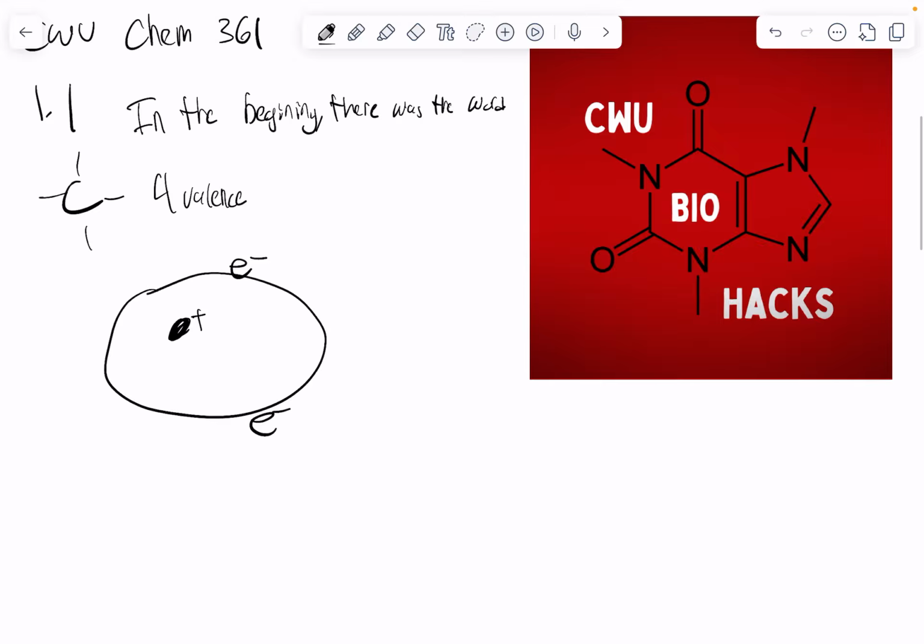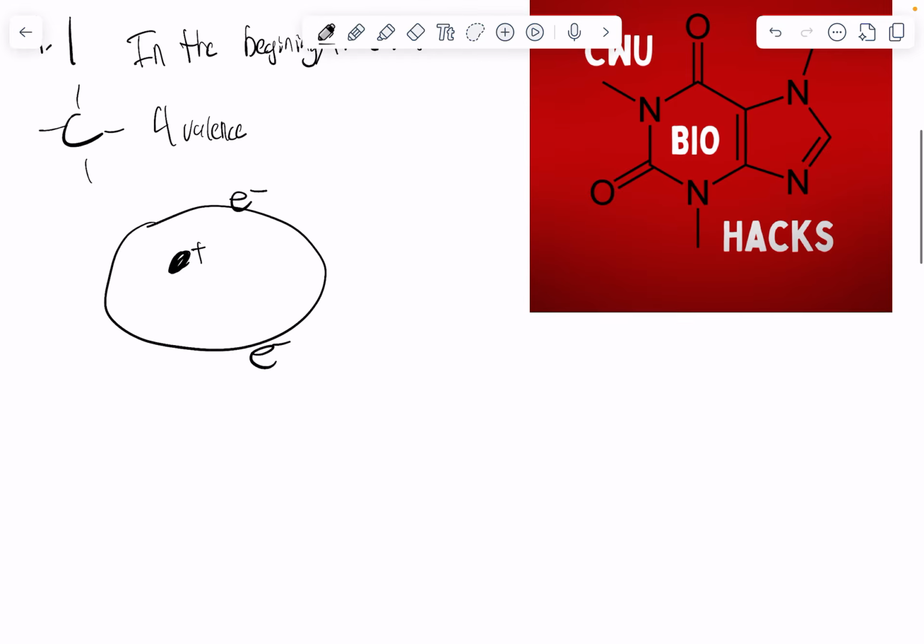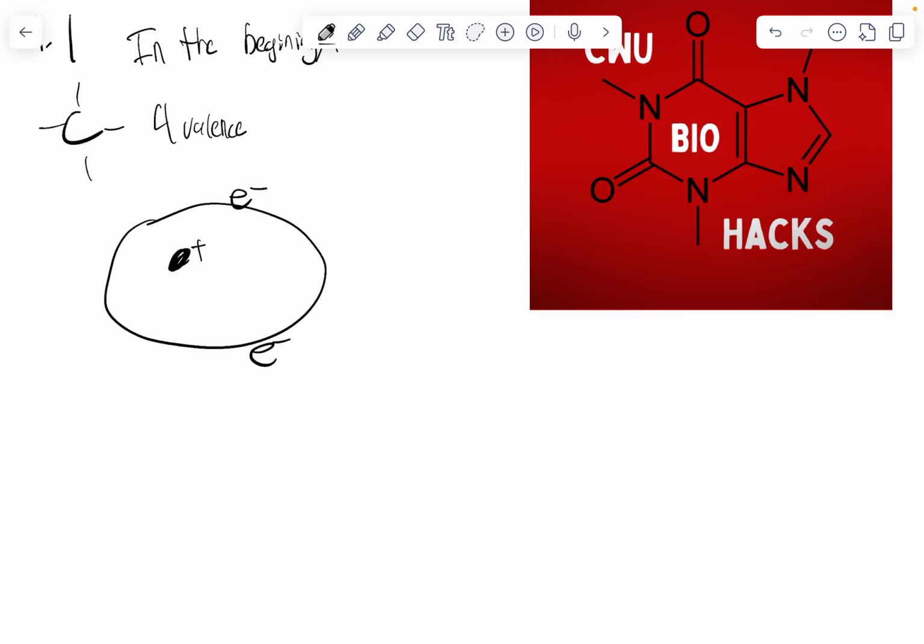This is everything that an atom is, and the nucleus of an atom is made of protons and neutrons. Protons are positive, and neutrons are neutral. They don't have any charge. Atoms are described by their atomic number, and the atomic number is just how many protons are in the atom.